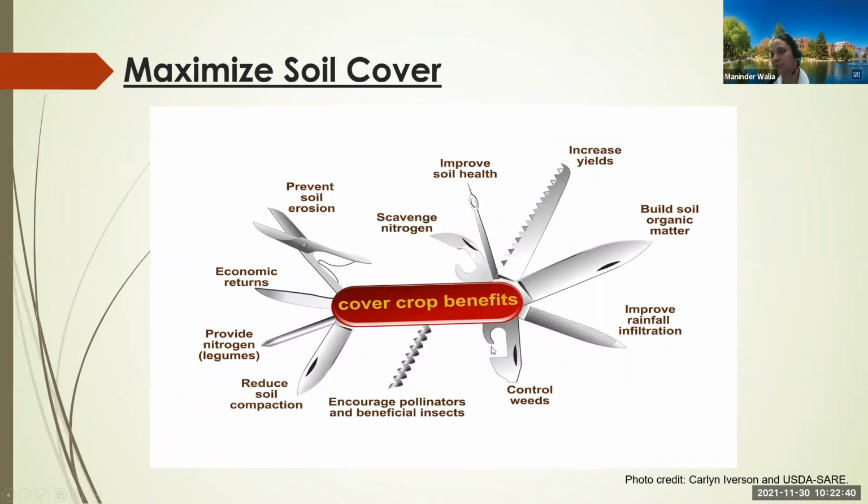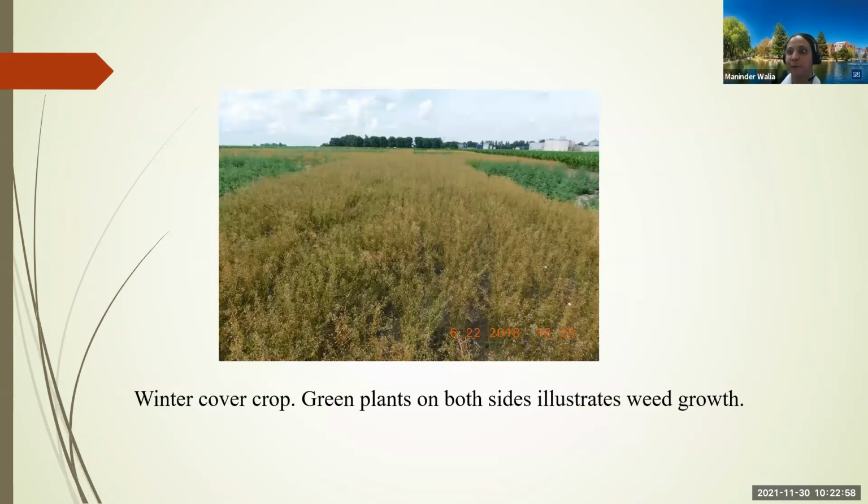If we have legumes in our rotation, it will help to save money and maximize economic returns. Moreover, it also helps with increasing crop yields if we increase the organic matter by keeping the soil covered for 365 days a year.